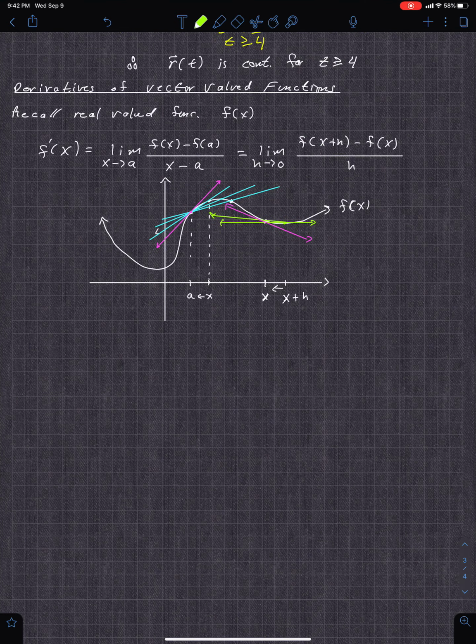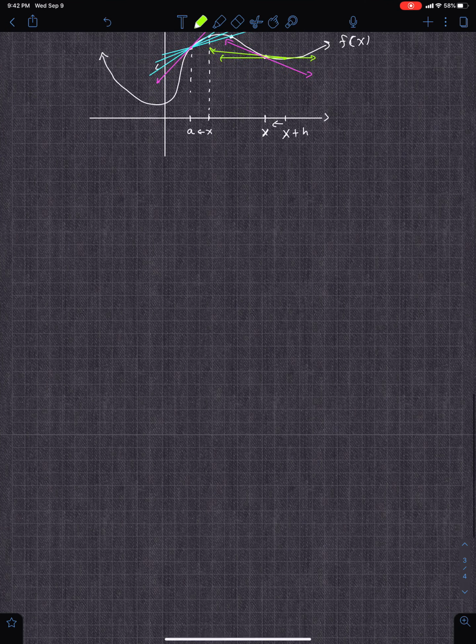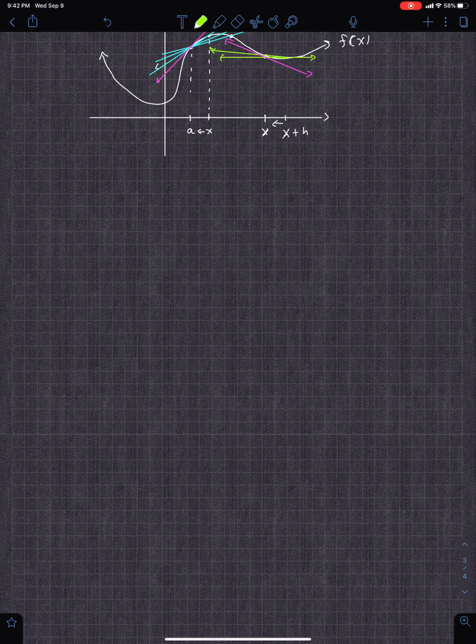Okay, so that's old stuff, right? That's what you would see in Calc 1. All right, so now let's define r prime of t. And it's really the same definition. It's the limit of r of t plus delta t. So that's your h part, right?